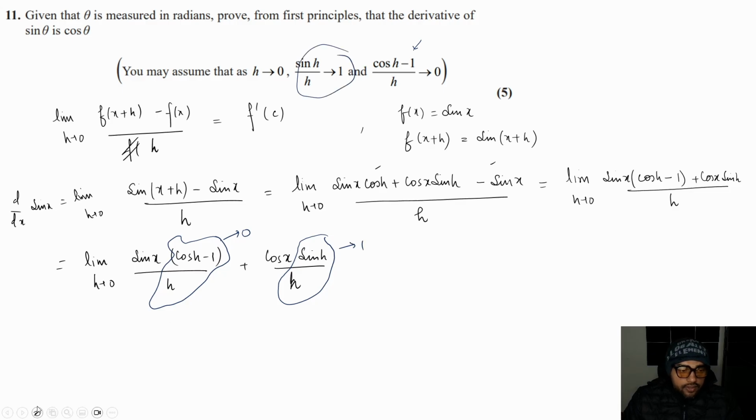So the final solution will be, on putting the value of h equal to 0, we are getting cos x, not h, sorry. So we needed to prove this. We have already proven this part: d by dx of sin x is equal to cos x. This is how we needed to prove it.